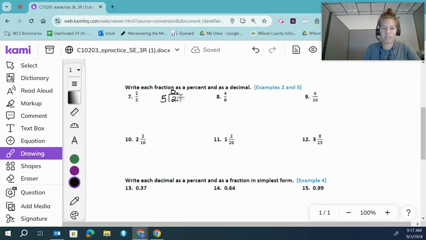So I bring my decimal, add my 0. 5 goes into 20 4 times. 5 times 4 is 20. So I put my 20 below and I do my subtraction here. 5 goes into 0, 0 times. This would continue.